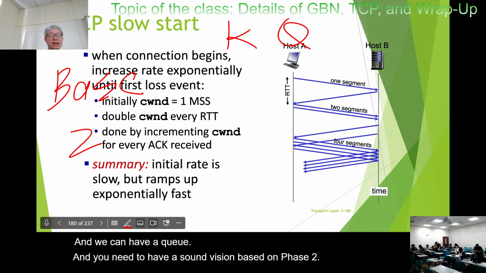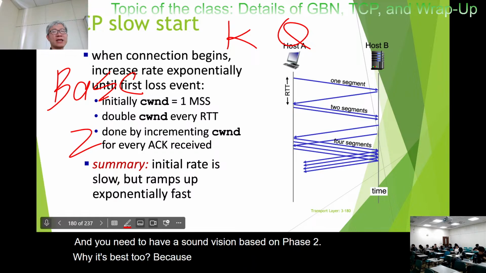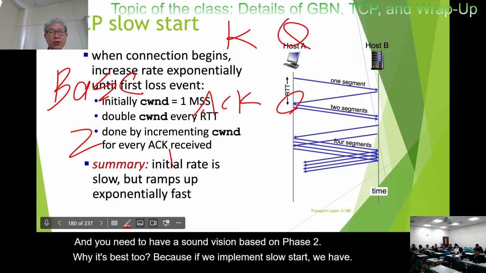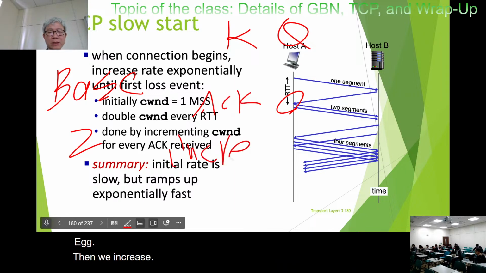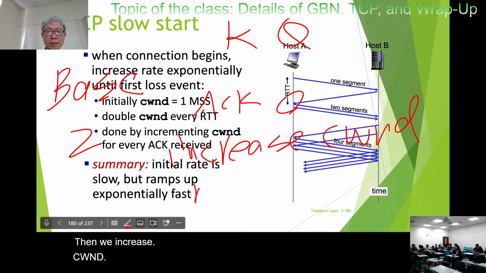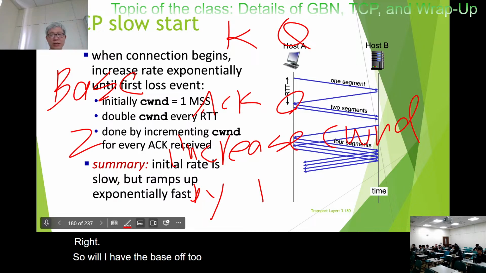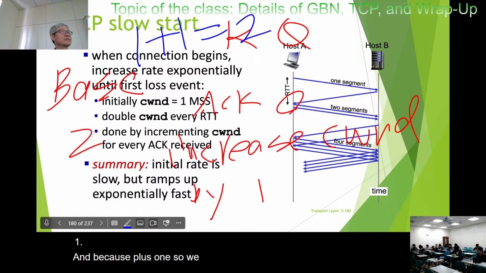Why is it base 2? Because if we implement slow start, for each ACK we increase CWND by 1, right? So we will have the base of 2. Why? Because initially we have 1, and because of plus 1, we have a base of 2.